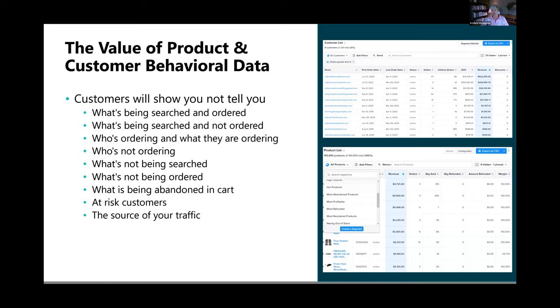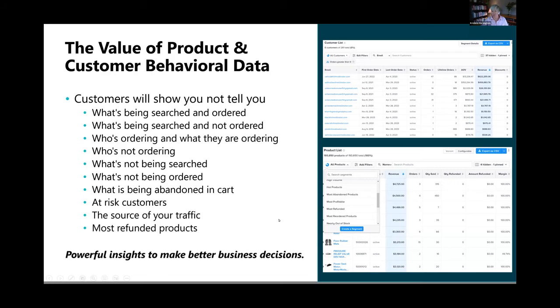Understanding your source of traffic helps your marketing team to better understand where your marketing efforts are getting the best result. And then most refunded products, we talked a little bit about some of these, but these are really the powerful insights that you're going to get from a solution to help your organization make better business decisions.